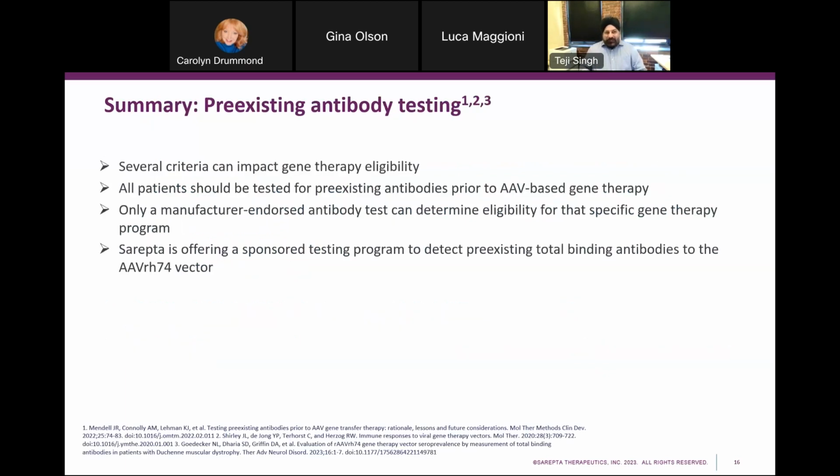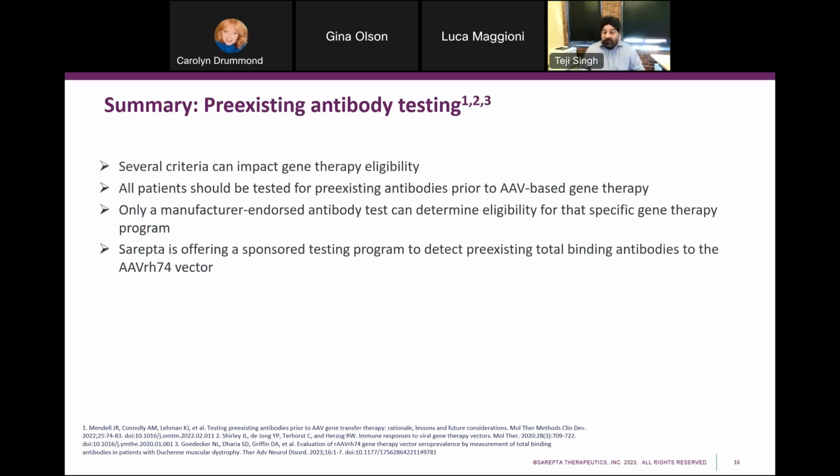So in summary, pre-existing antibody testing has several criteria. It can impact gene therapy eligibility. It's not the only basis for eligibility. There are other parameters that, depending on the program, lead to eligibility for that particular product. All patients should be tested for pre-existing antibodies prior to AAV-based gene therapy because of concerns about both transduction efficiency and safety.